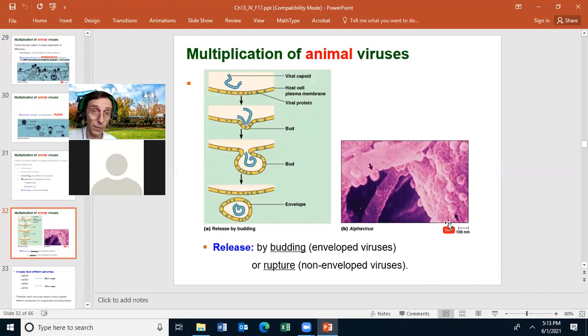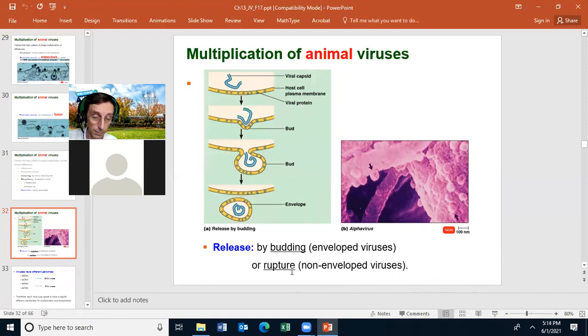Let's talk about another way that animal viruses differ from bacteriophages, and that is animal viruses might multiply using the budding life cycle. Now, animal viruses can rupture the cell, and that's the lytic life cycle.